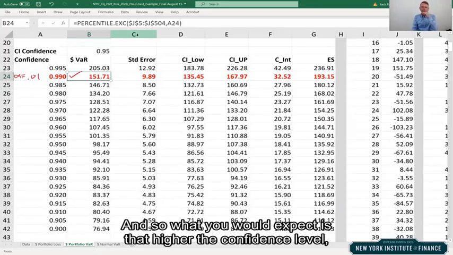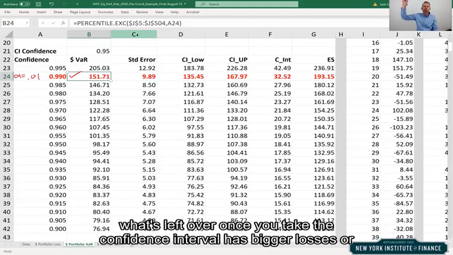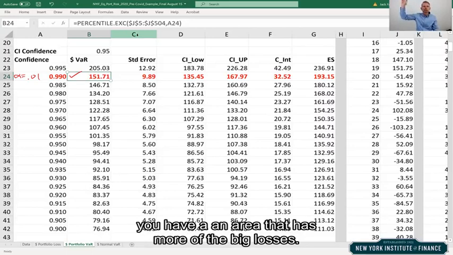And so what you would expect is that the higher the confidence level, the bigger your value at risk, because that means your tail, what's left over once you take the confidence interval, has bigger losses, or an area that has more of the big losses.